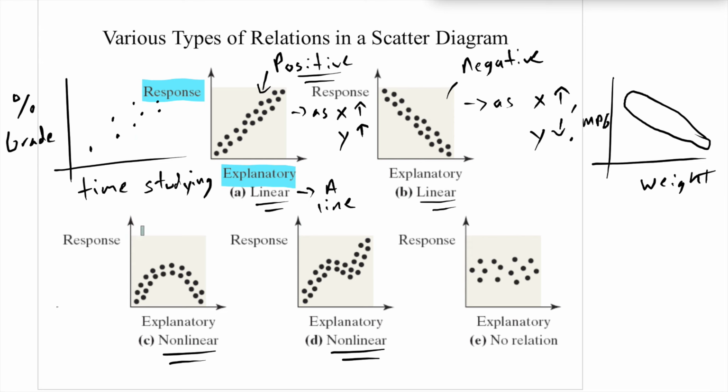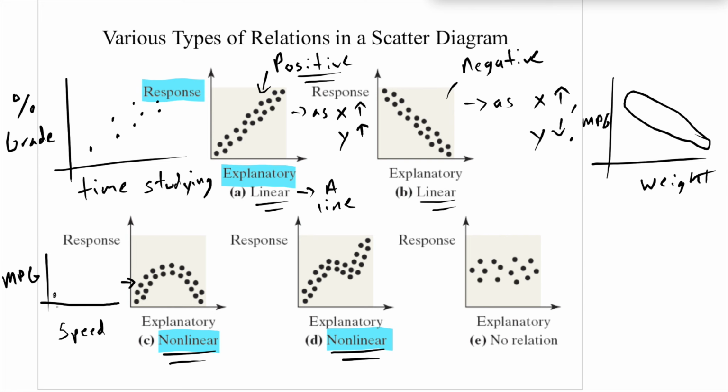And then notice these 2 down here, they are relationships, but they are non-linear relationships. So you can have 2 variables be related, but not in a linear way. And 2 variables I like to think about that have this sort of a shape would be, say you're driving your car and you're looking at the speed that you're driving, and you're looking at the miles per gallon.